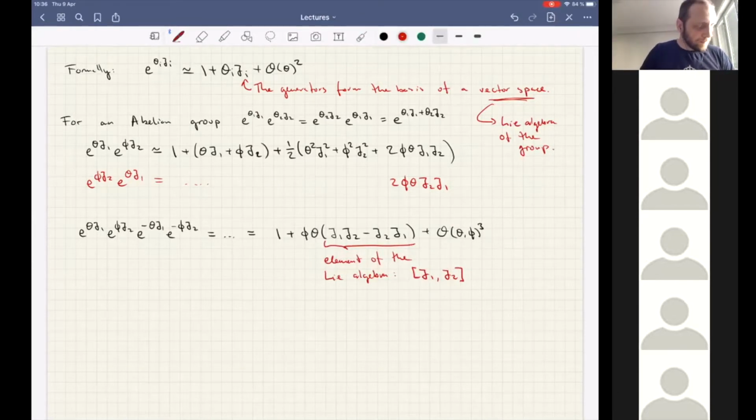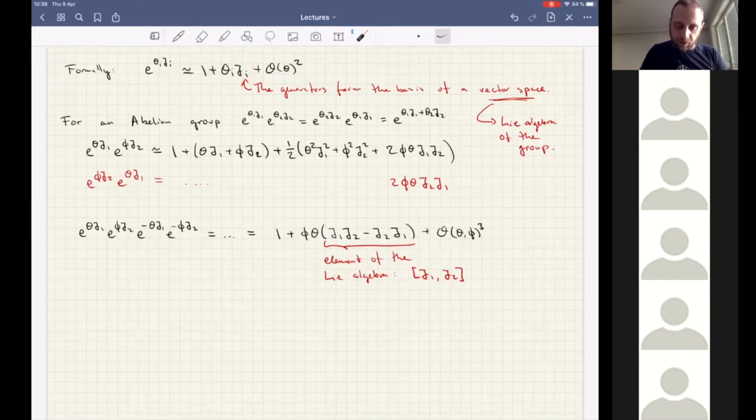Can I ask a question? Sure. Will this commutator J1, J2 be a basis vector in the Lie algebra, like a tangent? I mean, it might not be a basis vector. Generally, your basis vectors are the Ji.